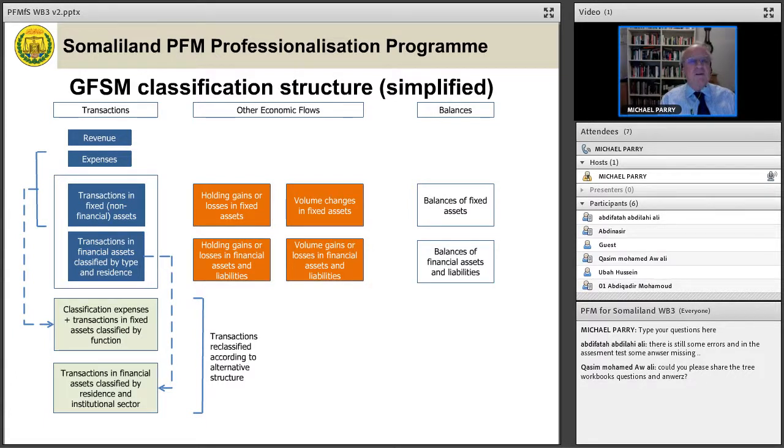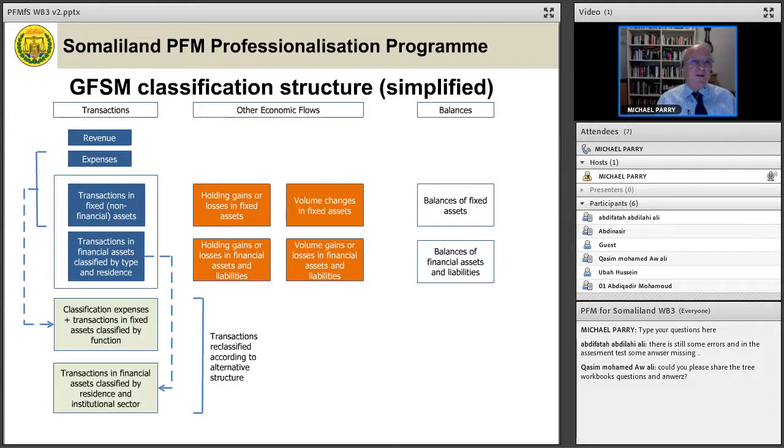In some areas, it gives more detail than you probably want. In other areas, you will find that it doesn't provide the analysis that you need, particularly to report according to IPSAS. So if you're going to use the GFS classification structure, you will need to modify it so that it can achieve what you want as a country and to achieve IPSAS reporting.